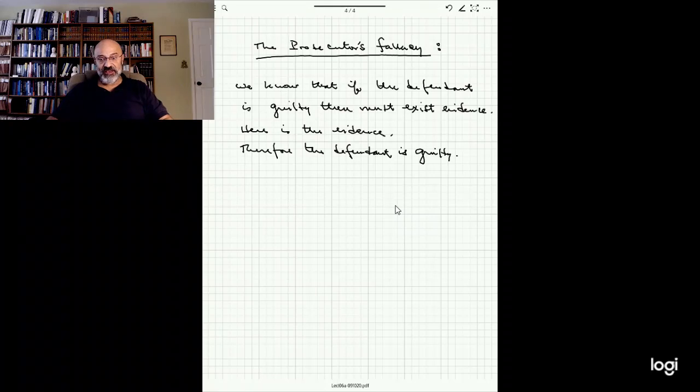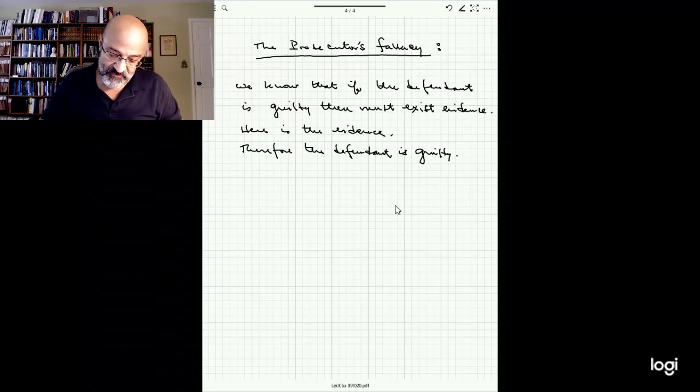Sort of amusing. One of the important approaches to the theory of probability, to the theory of inductive logic, of trying to reach decisions on the basis of incomplete information, was developed in courts of law, in jurisprudence, in the Middle Ages. This is the kind of thing that these guys started to figure out. So, pretty smart people back then. Therefore, the defendant is guilty. So notice what's going on here.